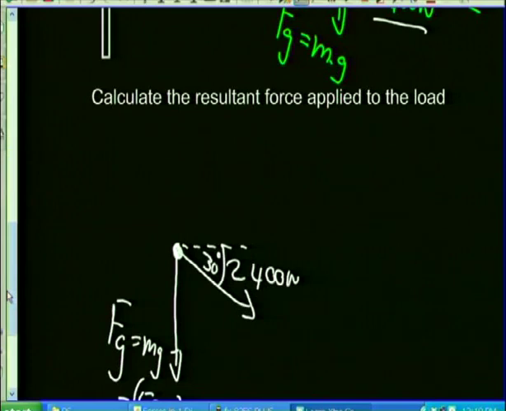But 45 degrees to the vertical is the same as 45 degrees to the horizontal. So I'm going to put that one up there, and I'm saying that it is pulling away from the object, and it's at 45 degrees, and it is a force of 5,500 newtons. So there's our free body diagram.